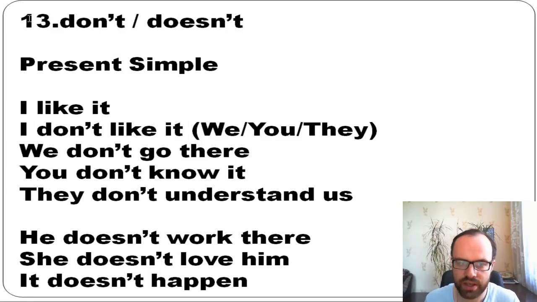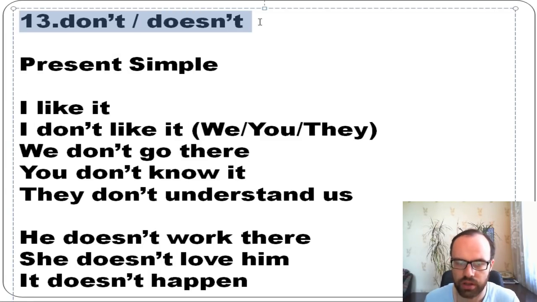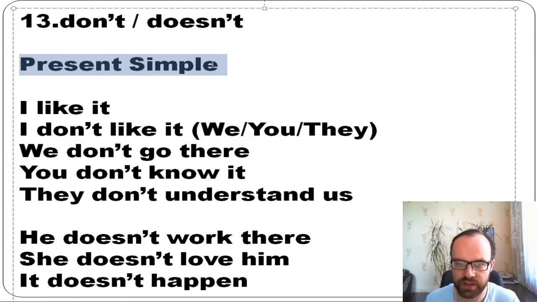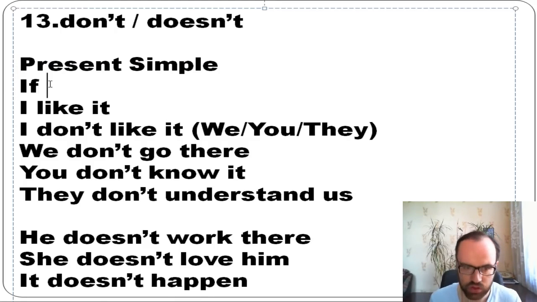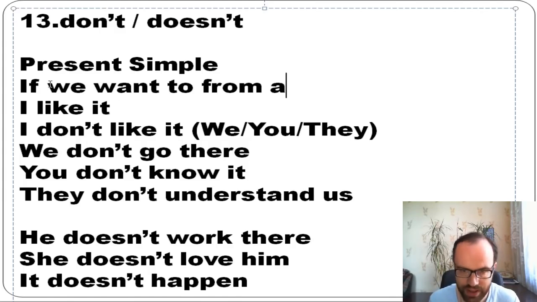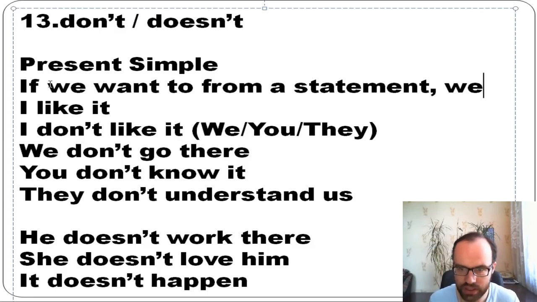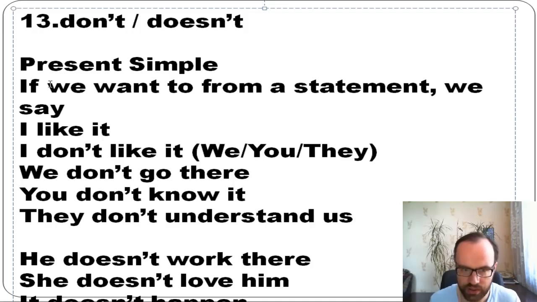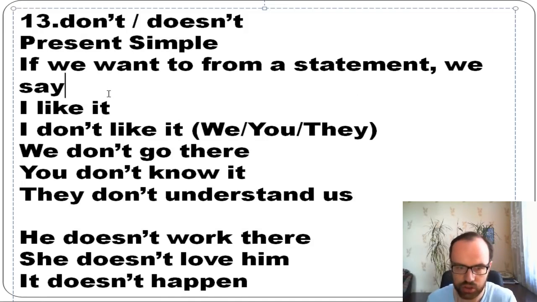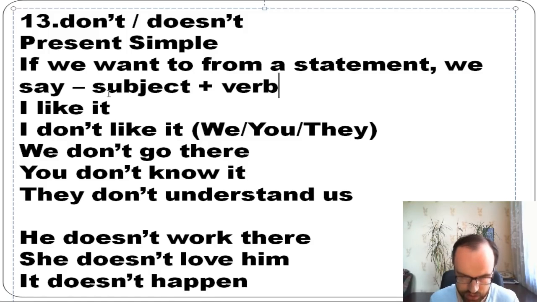So, don't and doesn't. You know that there is one main tense, present simple. If we want to form a statement, we say subject plus verb.